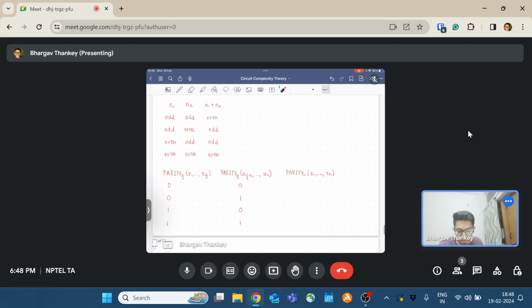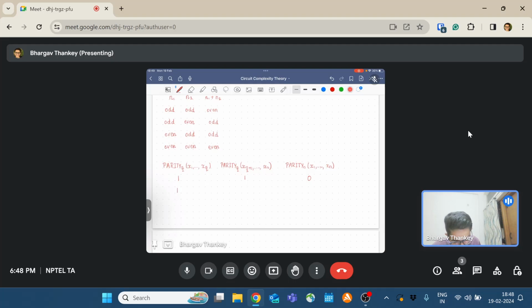So when n1 and n2 both are odd, I'll have to redraw this. Okay, so when n1 is odd, the first parity is 1, right? Similarly, when n2 is odd, the second parity is 1. And so the overall parity would be 0, because that's n1 plus n2.